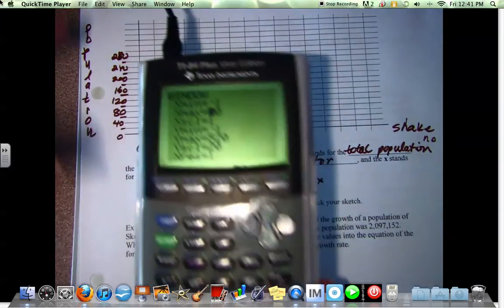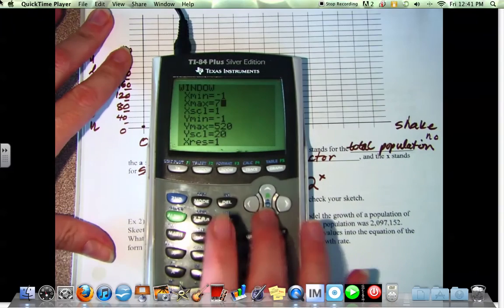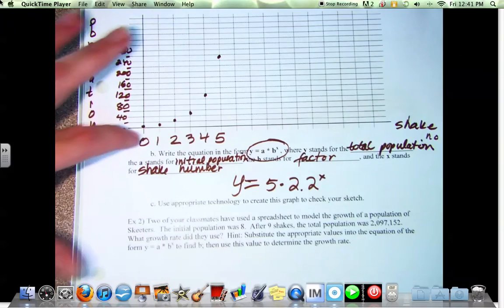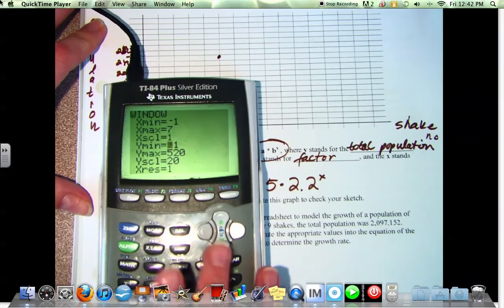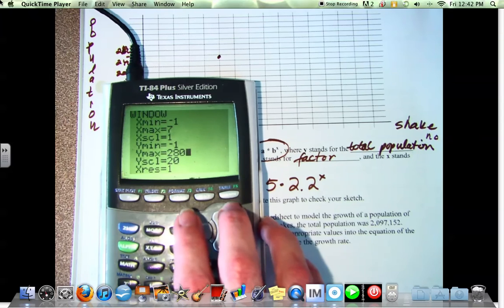So choose a number a couple larger than 5, like 7. We went up by increments of 1s, so your x scale on your calculator would be 1. The maximum for your y-axis was what? 280. And we went up by increments of 20. Now hit the graph key.